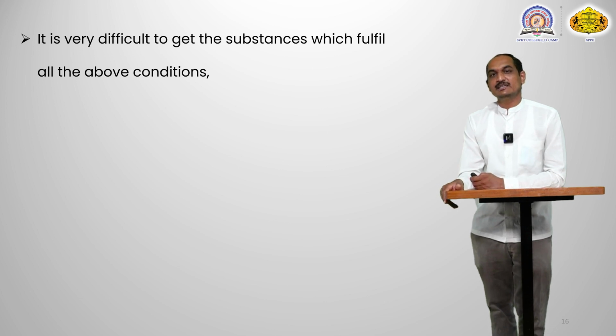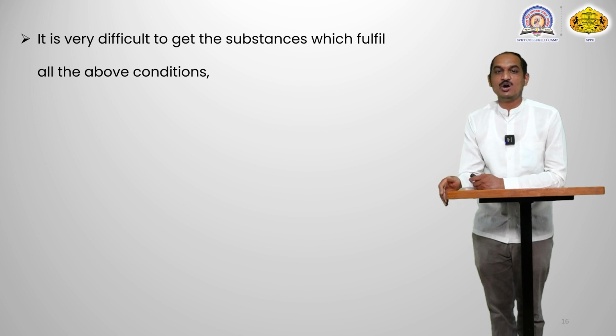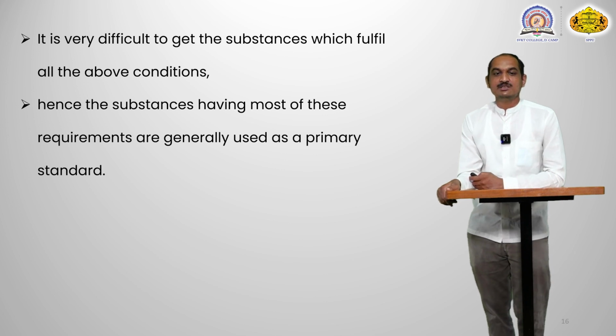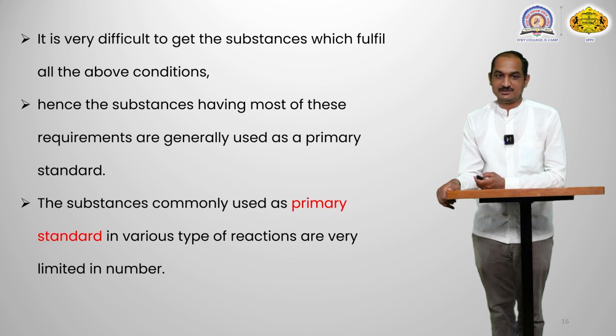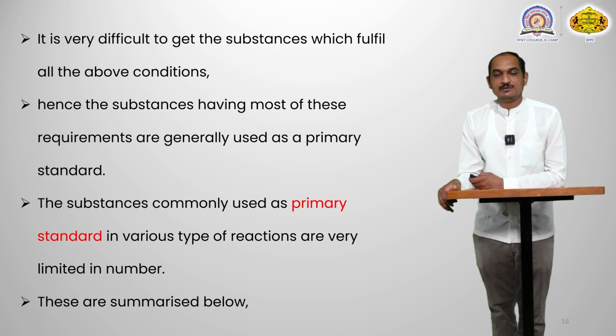We know that it is very difficult to get substances which fulfill all of these requirements, and therefore substances having most of these requirements are generally used as primary standard substances. The substances commonly used as a primary standard in various types of reactions are very limited in number. So some substances are listed here.